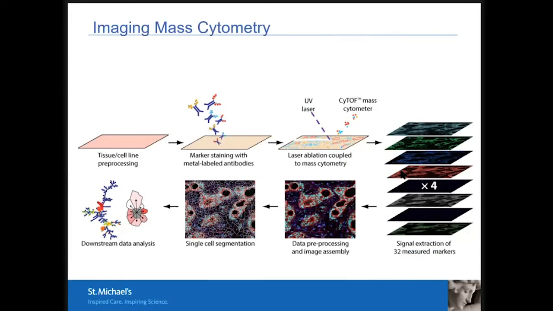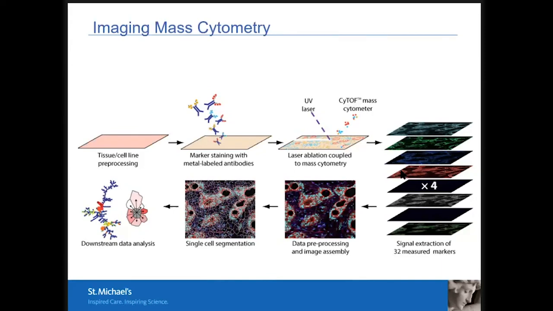But instead of doing a suspension cell sample, what you do is, just like in histology, you keep your section tissue, you stain with this 30 or 40 color panel of different metal labeled antibodies on your tissue. You then come along with a laser and zap subcellular sized spots. So you do have subcellular resolution. I think it's down to 2 or 3 microns, but don't quote me on that, I might not be right.